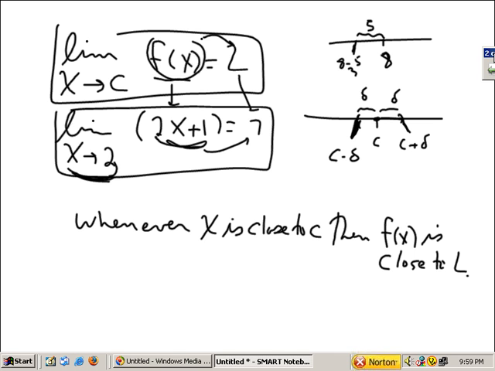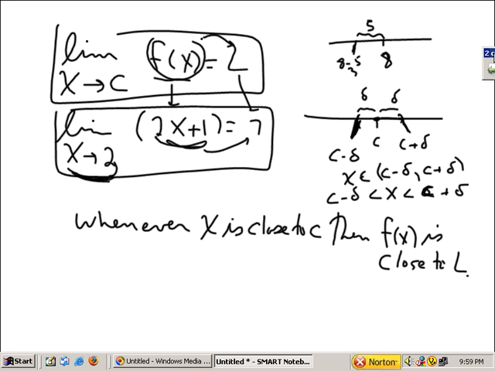Okay, so whenever x is close to c, x is in the interval from c minus delta to c plus delta. That is, x is in between c minus delta and c plus delta.